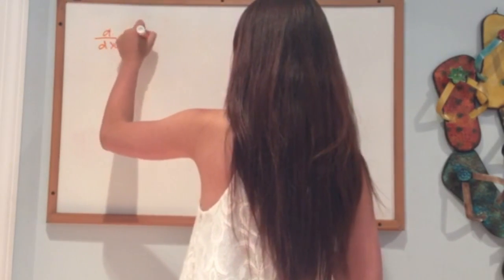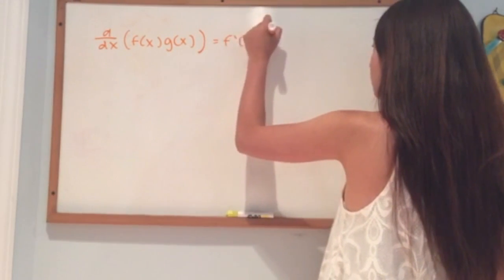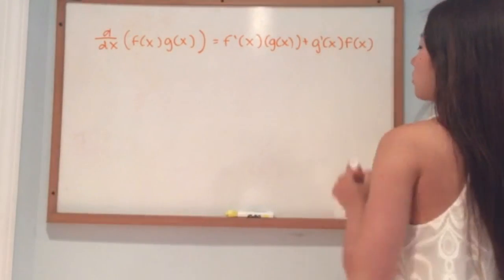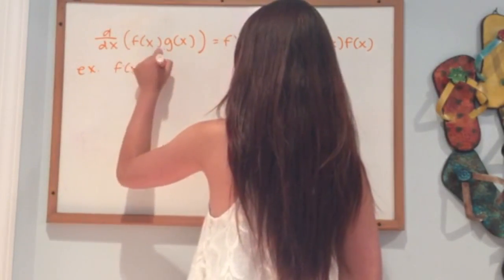If you are multiplying two functions together, f of x times g of x, and want to take the derivative of that product, you need to take the sum of f prime of x multiplied by g of x and g prime of x multiplied by f of x.